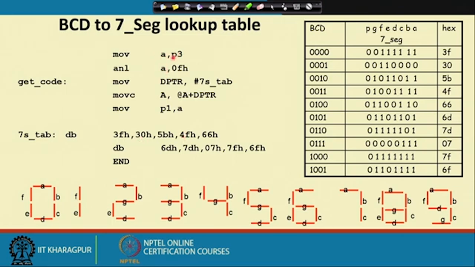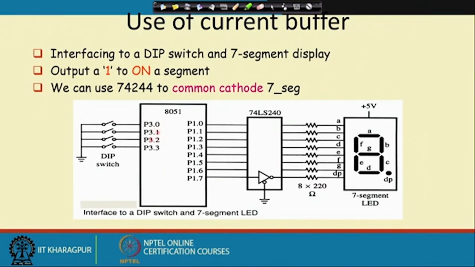Fine. So, this way the program is now very simple. From the port P3 we get the value into the A register, and then we AND logical A with 0F hex. That way we can get the content from port 3. We can get these 4 port bits into the A register, and since 0, 1, 2, 3 is only there, we have to mask out the higher order bits.